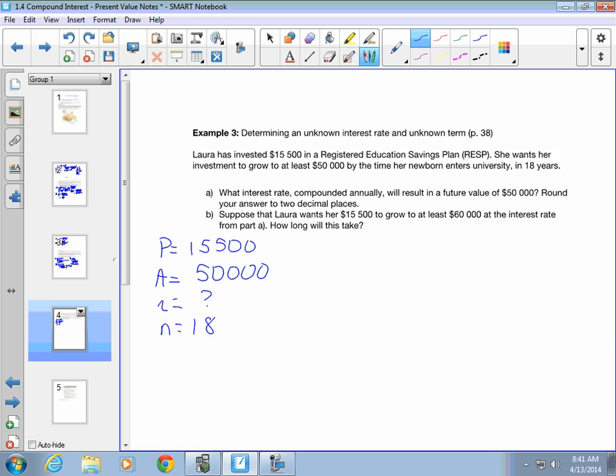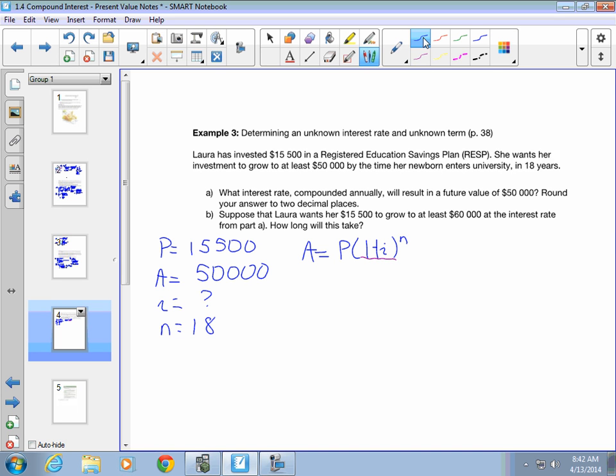So if we use our formula, A is equal to P times (1 plus I) to the power of N. What we're trying to find is this part here.